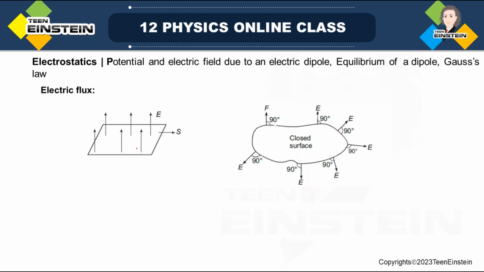In case we are calculating electric flux using Gauss's law, Gauss's law will be this: the closed integral of E dot ds, and on the right hand side q by epsilon naught. So this is actually Gauss's law.